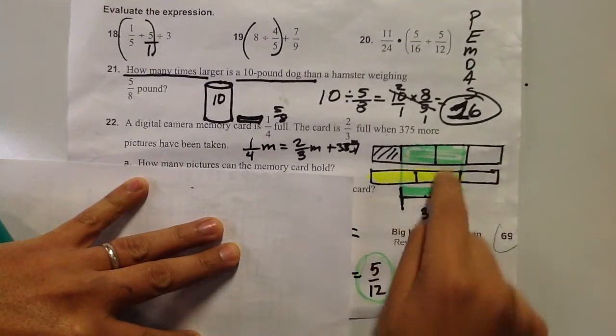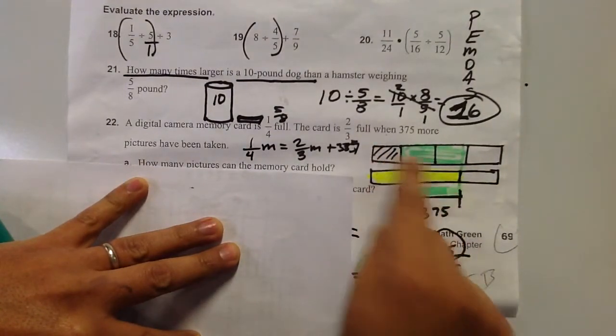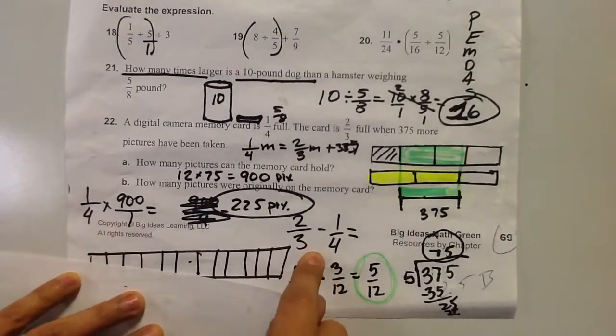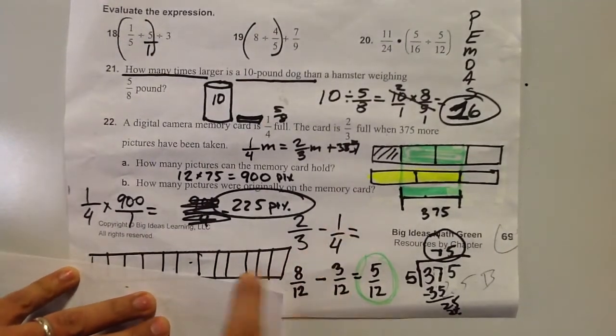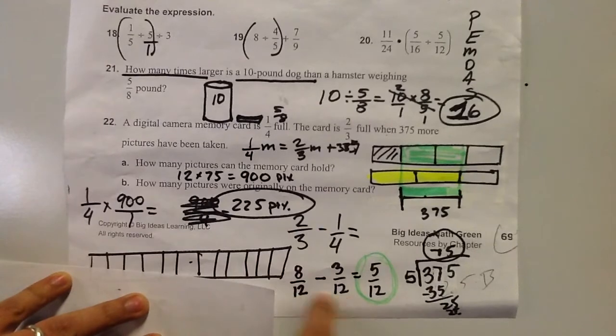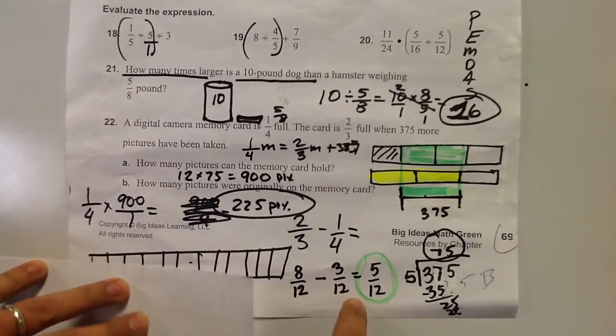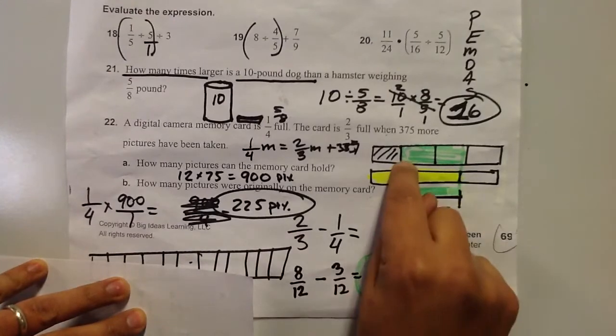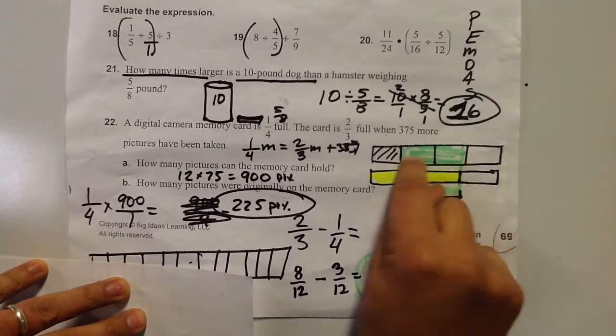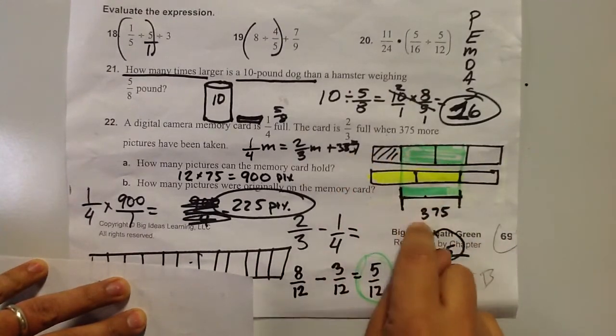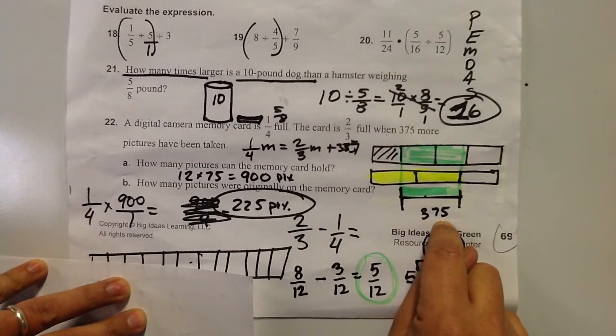Well, how do I discover that? The difference is subtraction. So look, I subtracted them: 2/3 take away 1/4. I have to have common denominators to do that. And when I subtract, I get 5/12. So I know now that this quantity here, the difference, is 5/12. I also know that that is the same as 375.